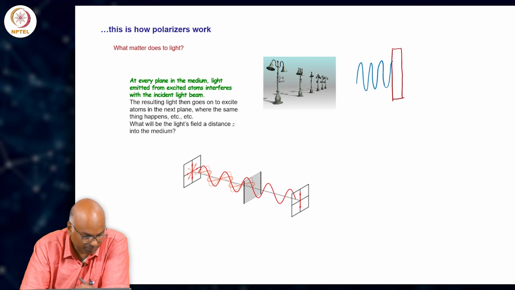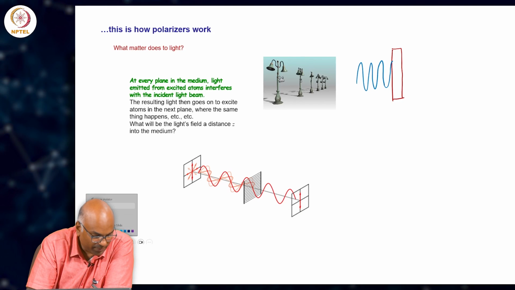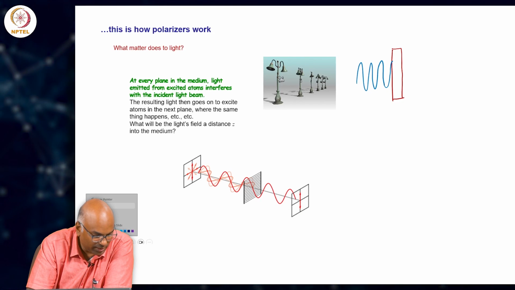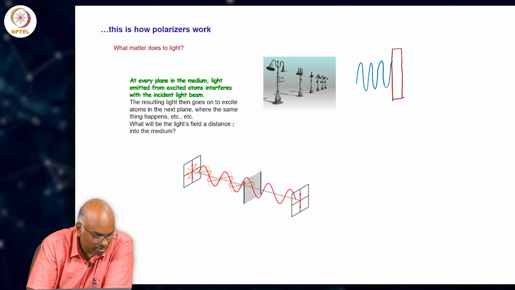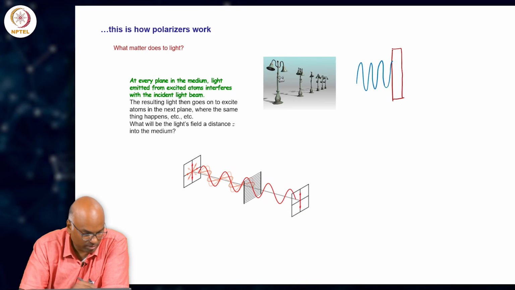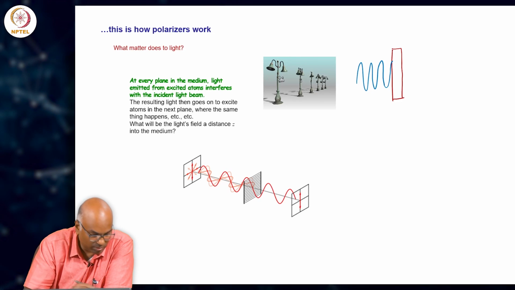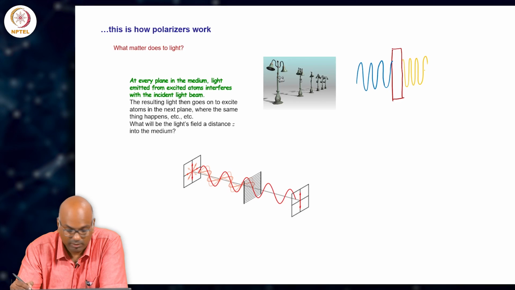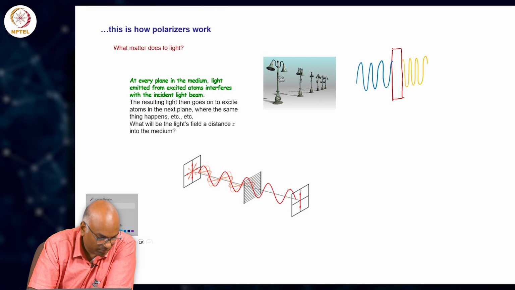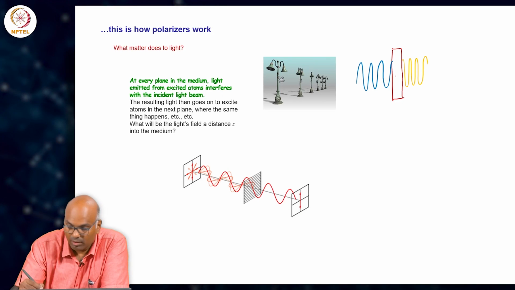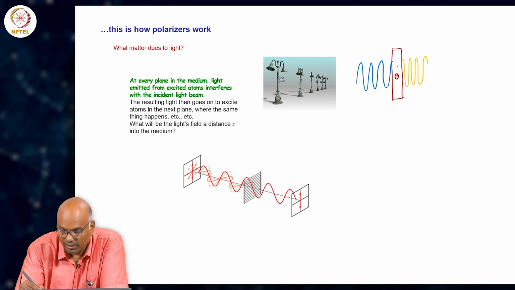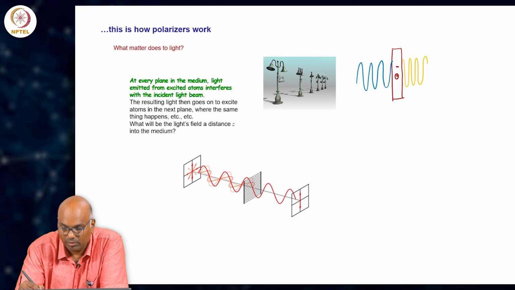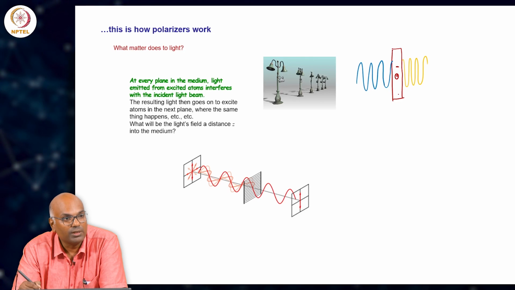and at the exit of this interaction, we have two waves, one emitted by the oscillation of the electron due to the incident electromagnetic wave.